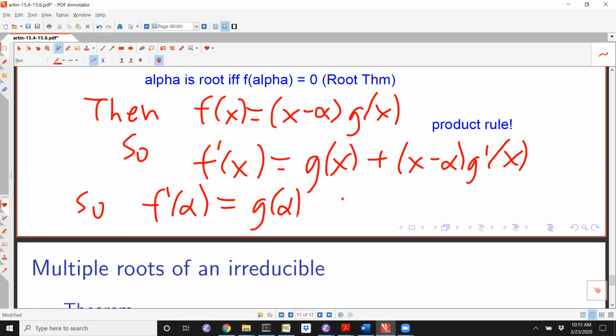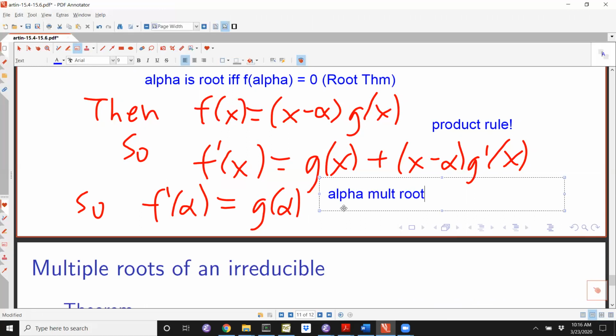So alpha is a multiple root of f if and only if alpha is a root of g, which is true if and only if f prime of alpha equals 0.